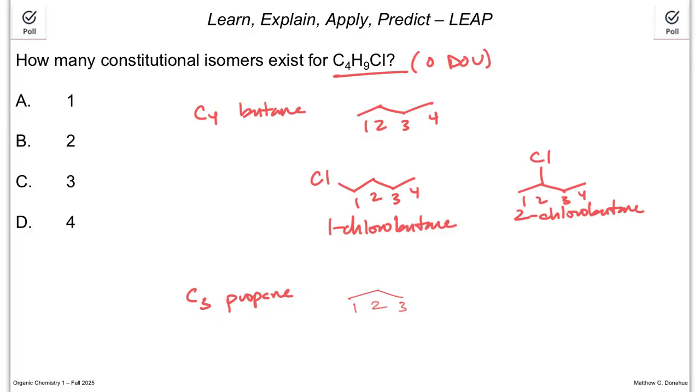The carbon has to go at position 2. So that's our skeleton now to put back in the chlorine. And the chlorine can go either at the 1 or the 2 position, so we can get 2 more isomers.